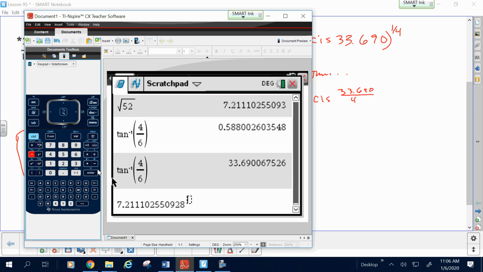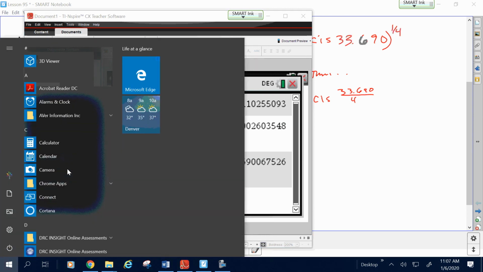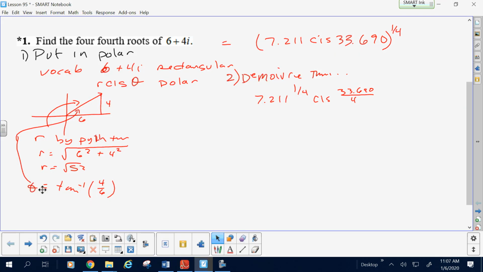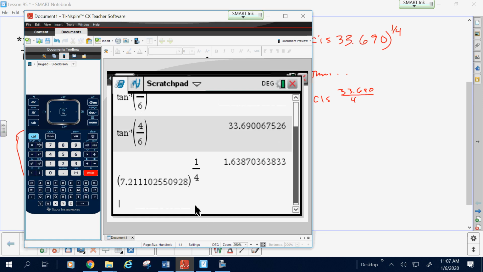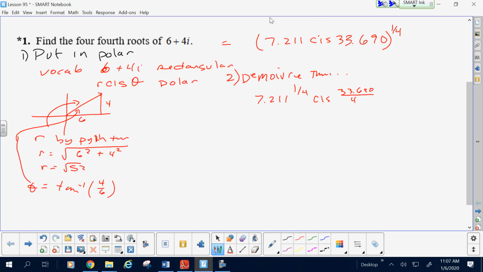I guess you could also root it to the 1 divided by, oh shucks. 1 divided by 4. Did you get 1.6387? So I will take 1.638, which is truncated, or 1.639, which is rounded. 1.639 cosine I sine.